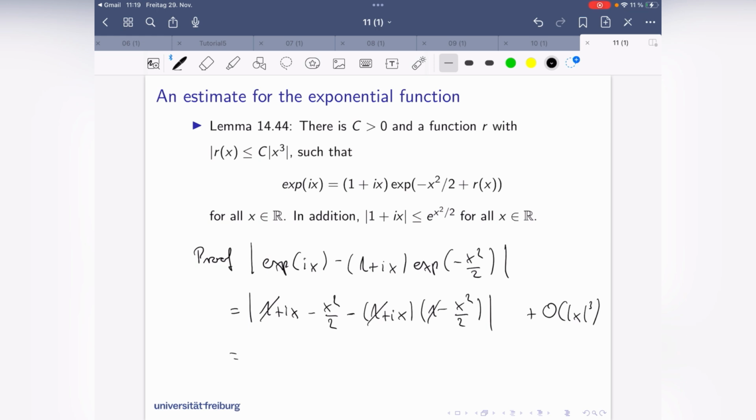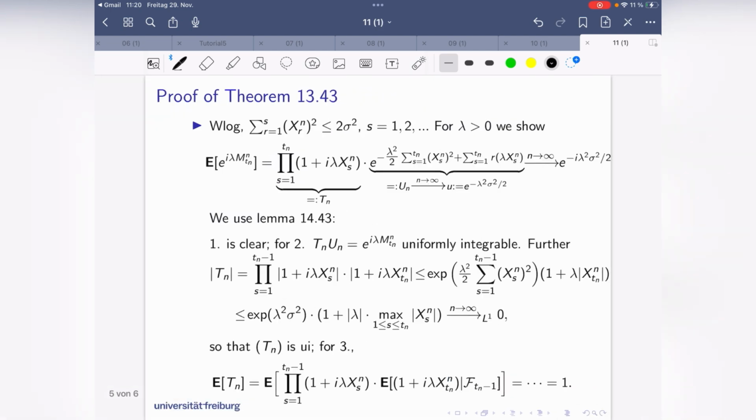I have the plus ix here times this one, which comes with a minus, which goes away with this here. I have a minus x squared over 2 times this one, times this minus, a plus x squared over 2. So this here also goes away. I would still have the ix times x squared over 2, but that's of order x cubed. So I have shown that this here is of order x cubed. OK. And then we come to the proof of the martingale central limit theorem.